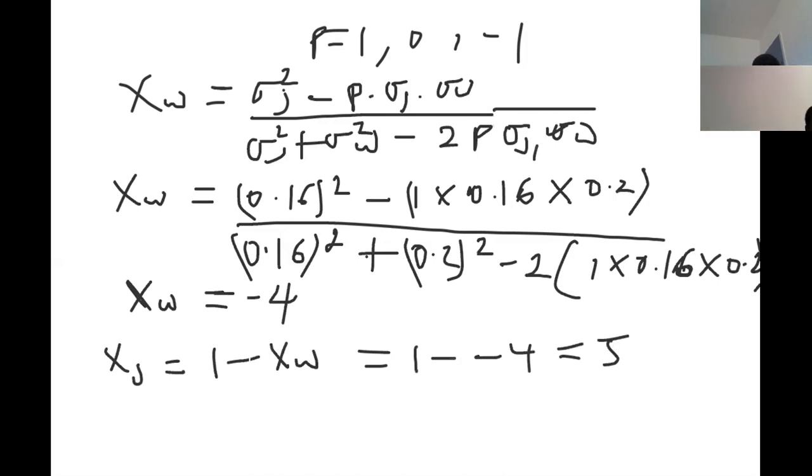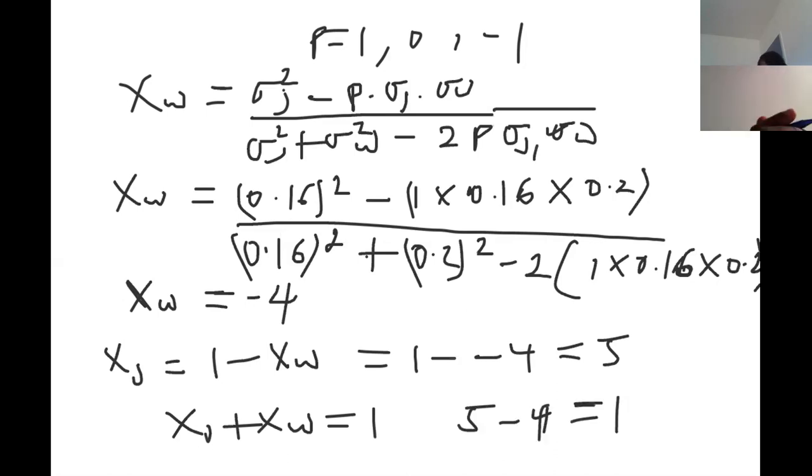So XG plus XW is equal to 1. That means 5 plus -4 is also equal to 1, which is correct. But if you remember, when you worked her tutorial, I think she used a positive correlation different from 1.